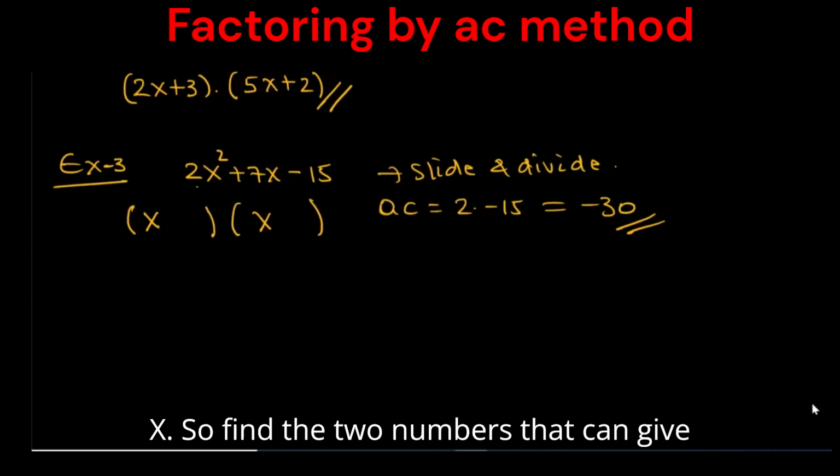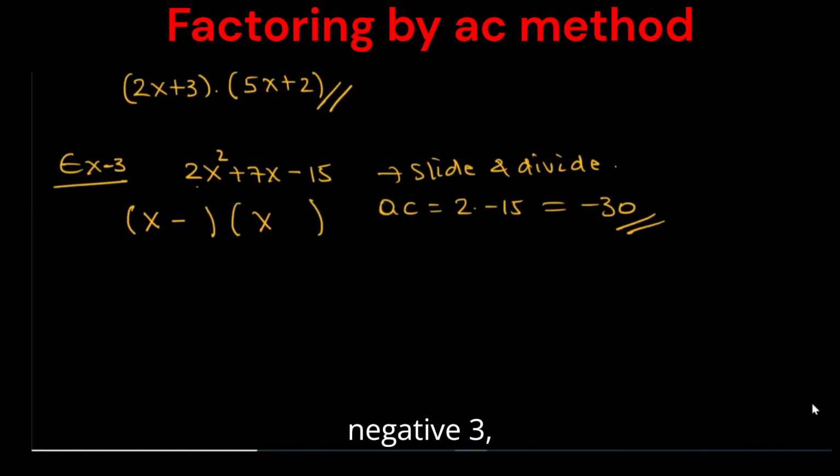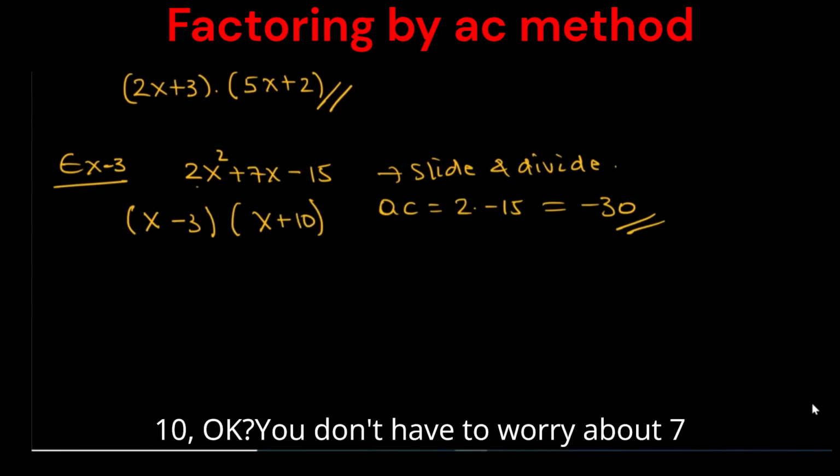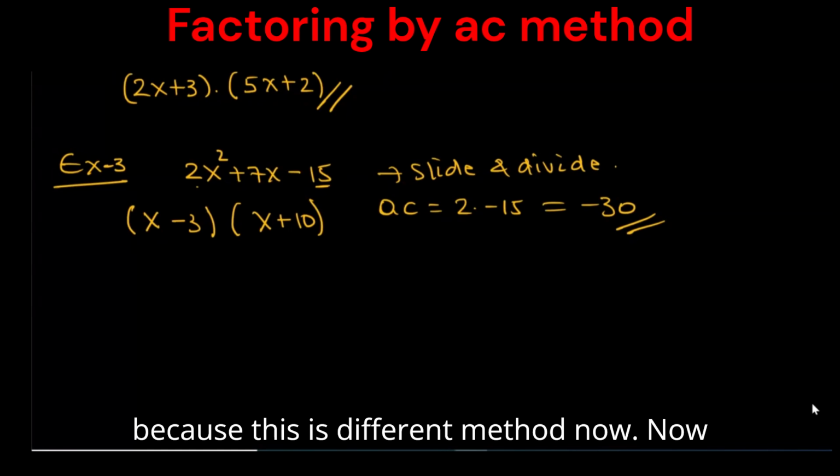Find the two numbers that give you negative 30. The two numbers are negative 3 and positive 10. You don't have to worry about 7 now, because this is a different method.